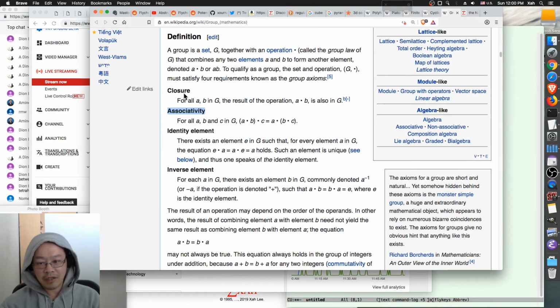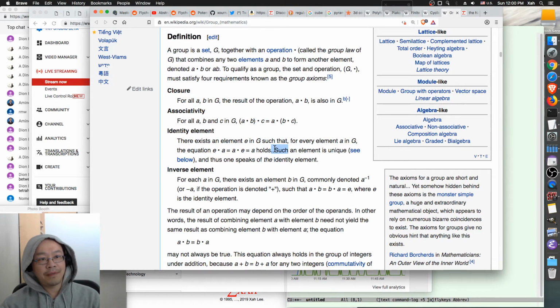So you need closure, you need associativity, you need an identity element. There exists an element E in G such that for every element A in G, the equation E dot A equals A dot E equals A holds.